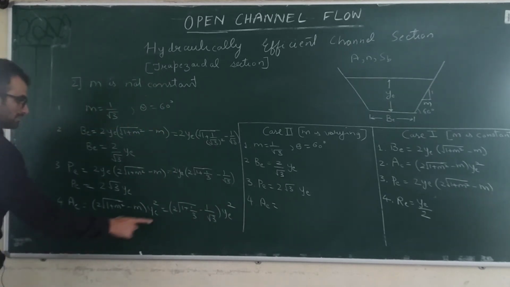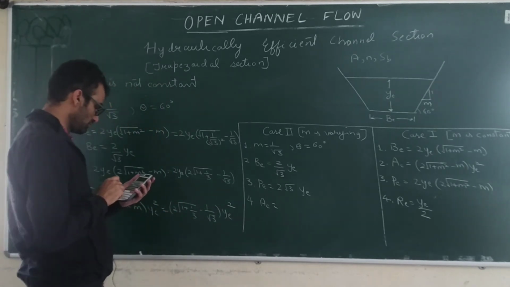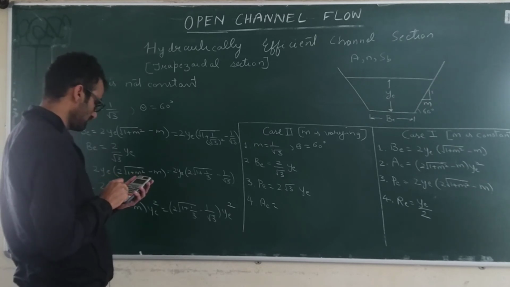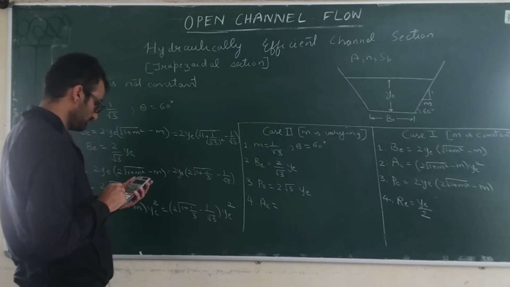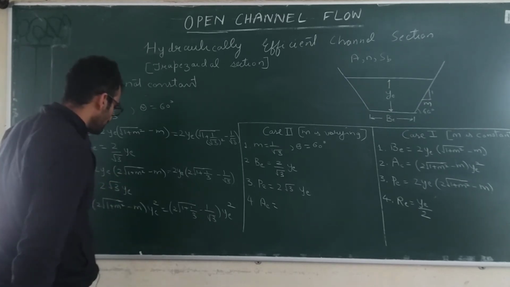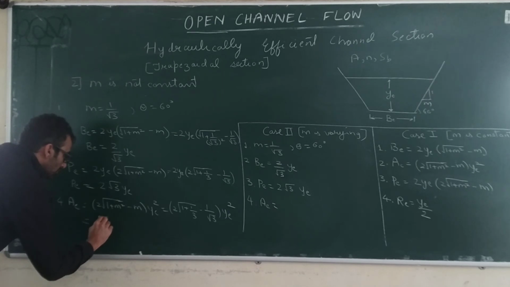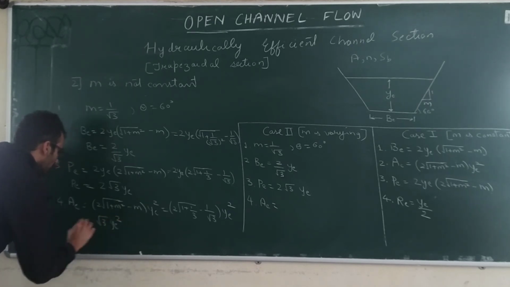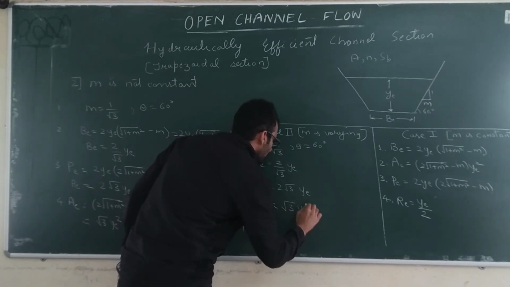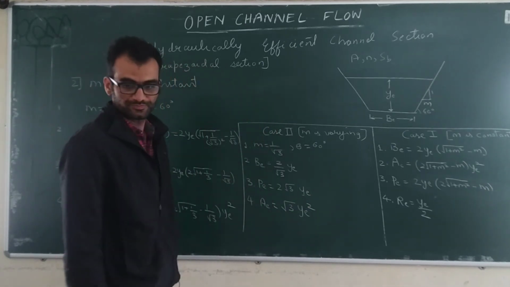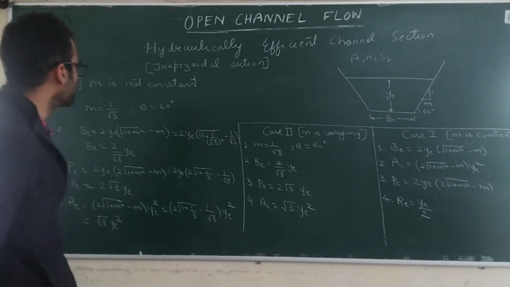The calculation of this gives root 3 ye square. So again, this is the expression: root 3 ye square.